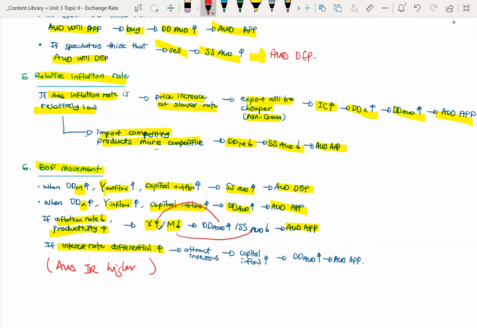Okay, even it can go down to 0. So if that's the case, the gap is widened, 0.75 to 0. The differential is wide, then it will attract more investors, more capital inflow, demand for AUD would rise and AUD would appreciate.